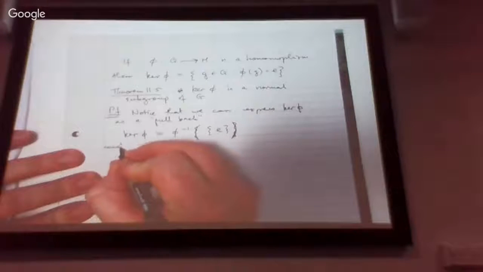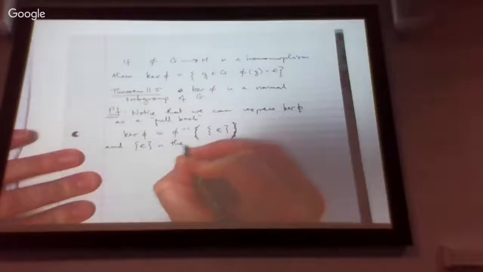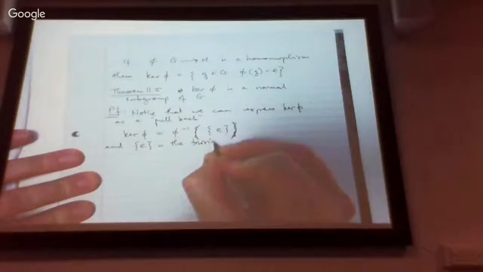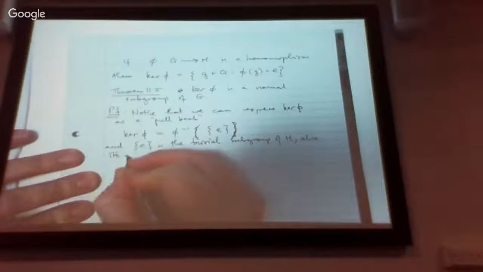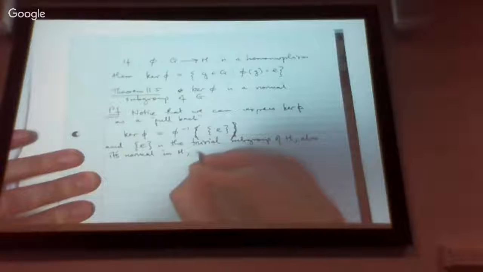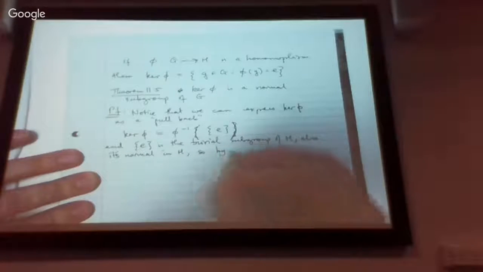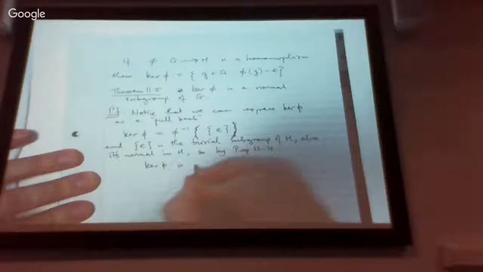And this is the trivial subgroup of H. Also, it's normal in H. So by proposition 11.4, which we just proved, the kernel of phi is normal in G.